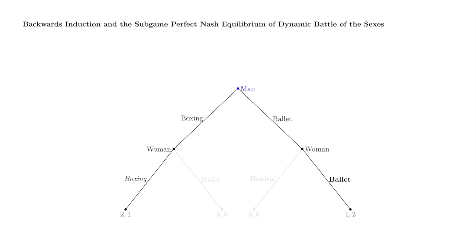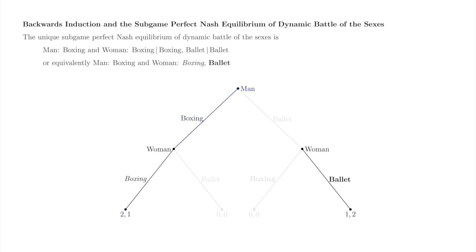In this tree, the last move is the man's move, indicated by the blue node. 2 is greater than 1, so the man selects boxing, shown in blue. Delete the man's action, ballet, from the tree. Now this tree, in black, remains. We've reached the top of the tree, so backwards induction is complete.